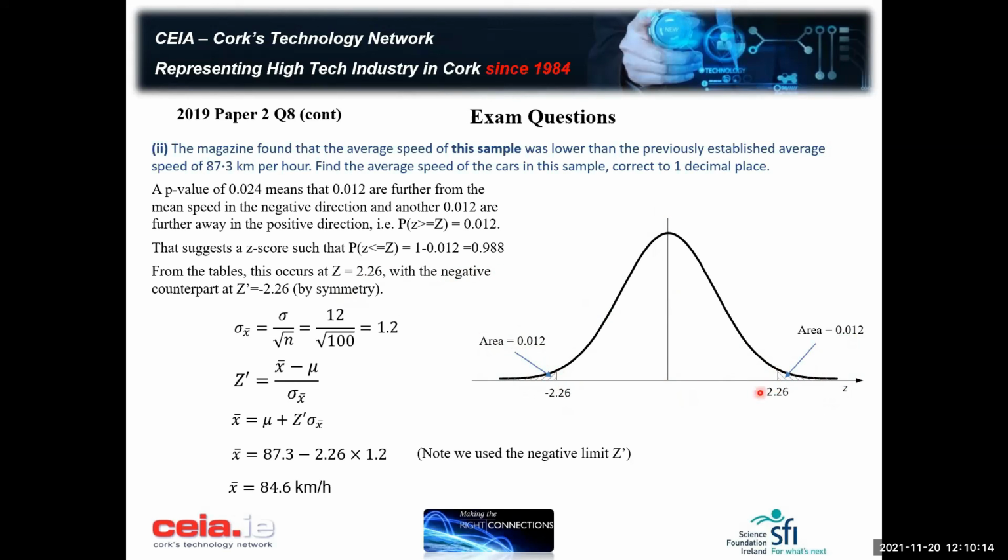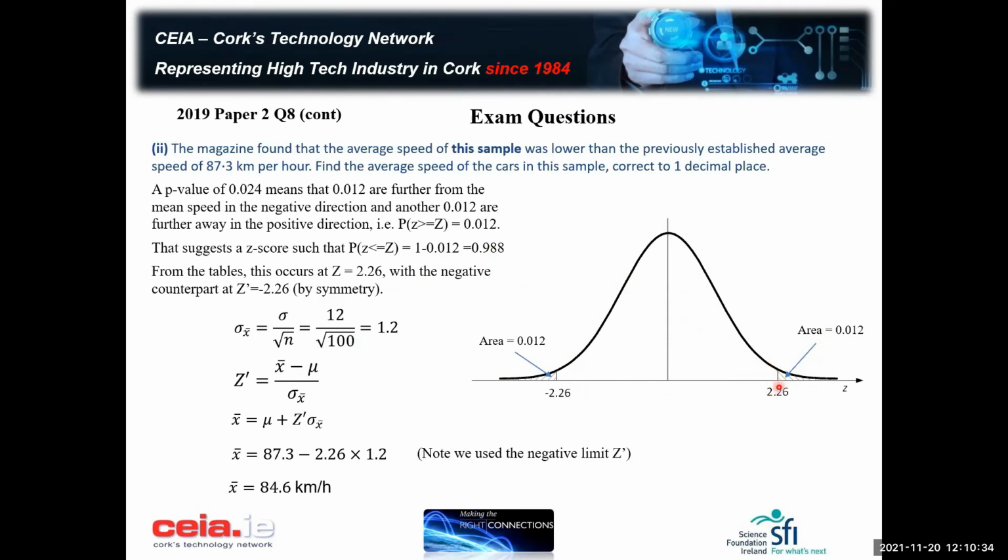So what Z value do you get? Well, which Z value will give you this 0.012 area up here? Remember the whole area is 1, so this tabulated value would be 1 minus 0.012, which is 0.988.